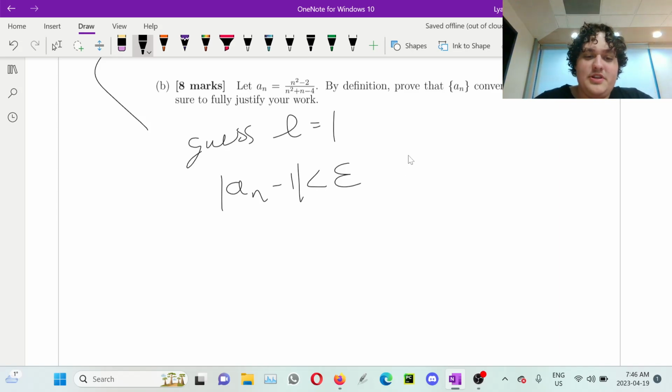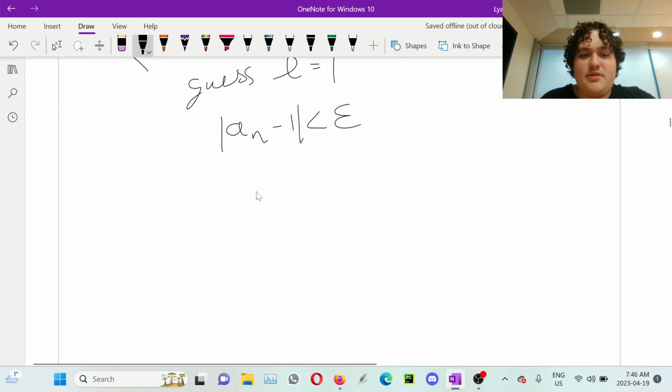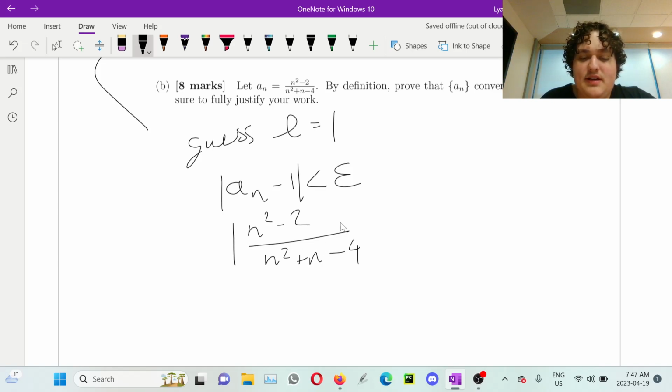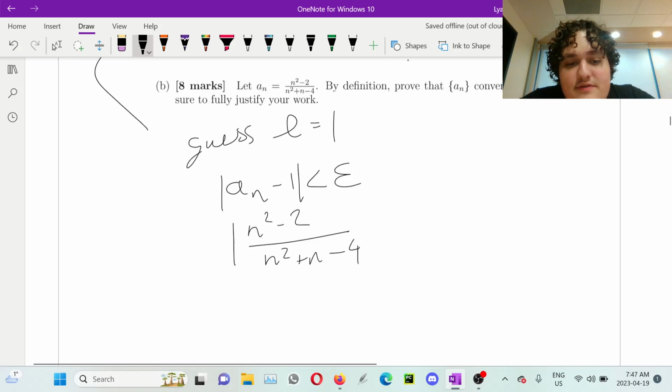So in order to show this, I'm going to first plug in what a_n is. And actually, 1 is the same thing as n squared plus n minus 4 over n squared plus n minus 4.